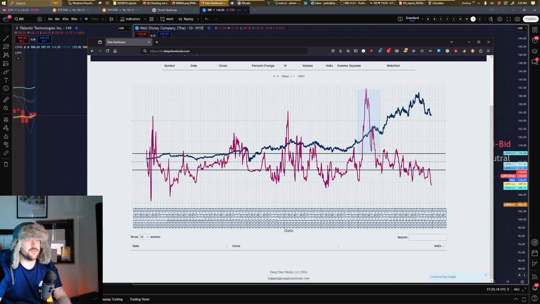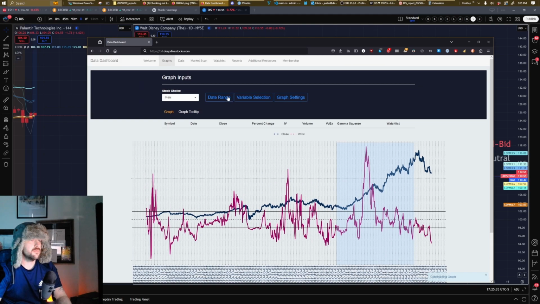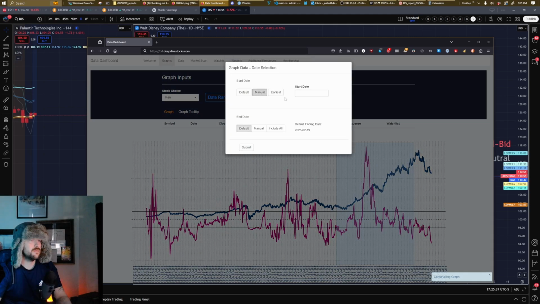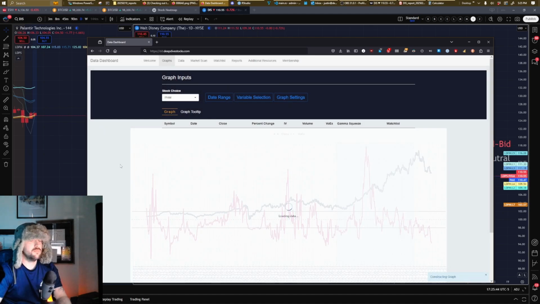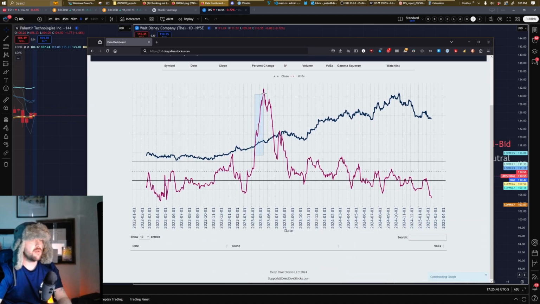So yeah, we can see here, and then things fell. Price gives back a little bit. This would be Vorex divergence, right? Because Vorex definitely starts falling as the price appreciates.